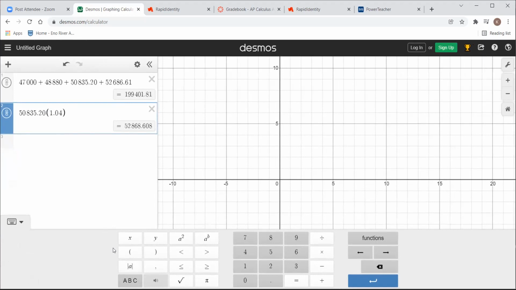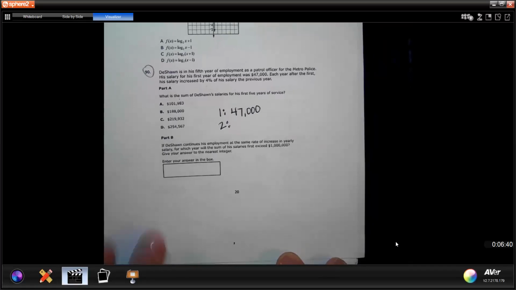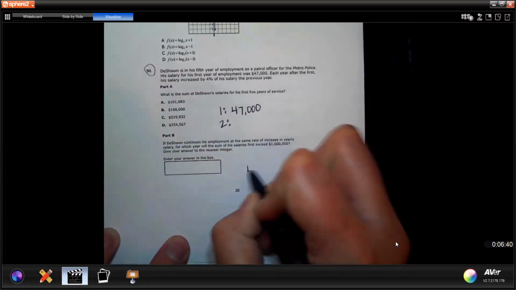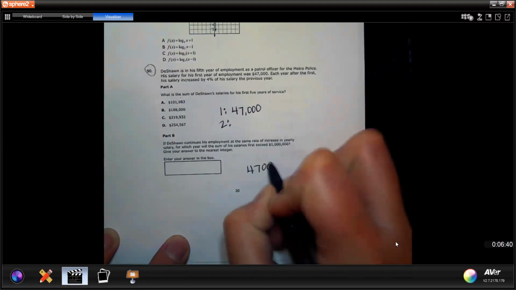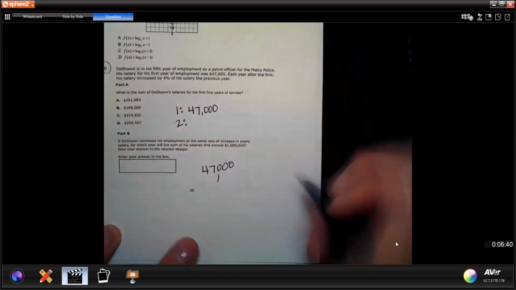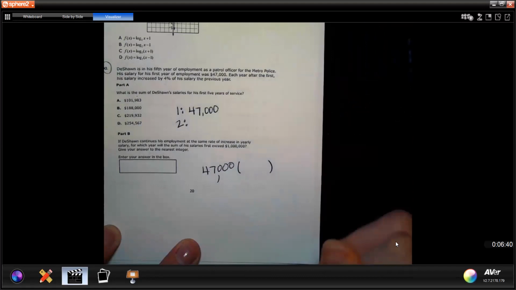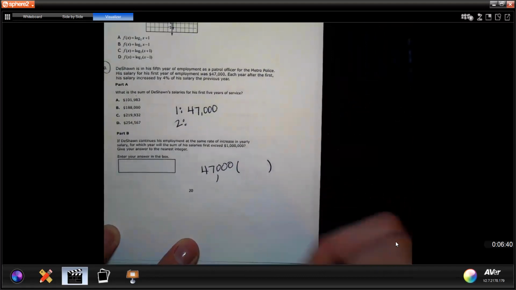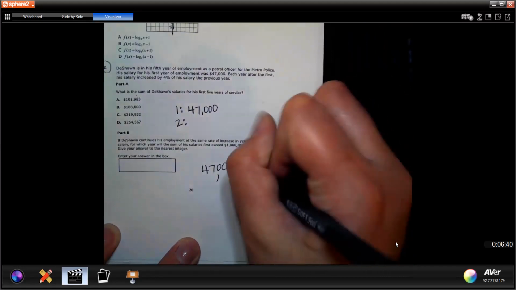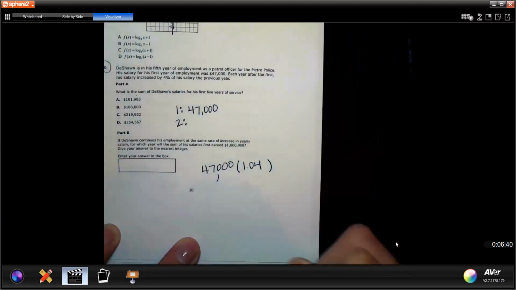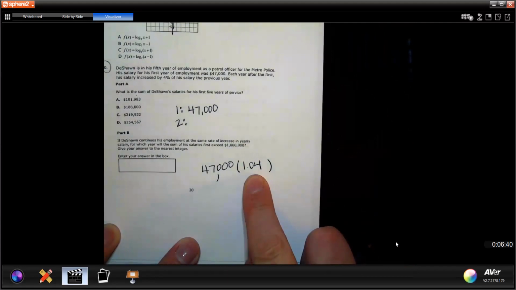So if we were to go back, what did we basically do? We started with 47,000. And then what did we do after that? We multiplied it by what number? 1.04. And then what did we do with the 1.04?